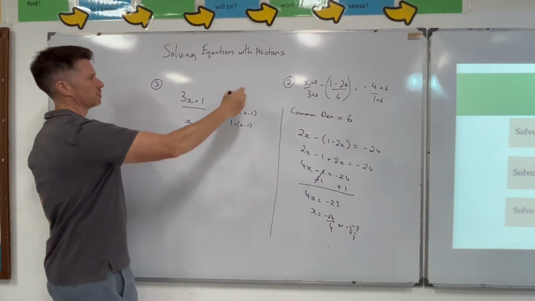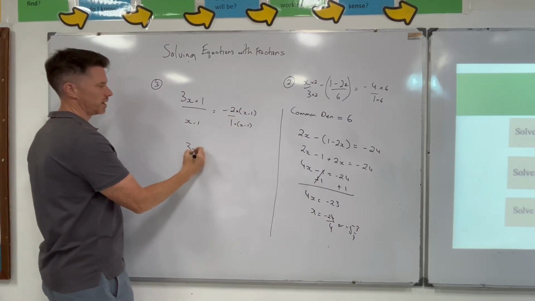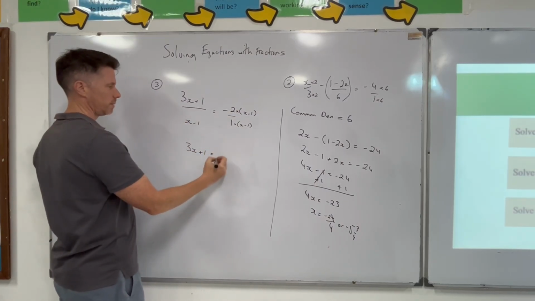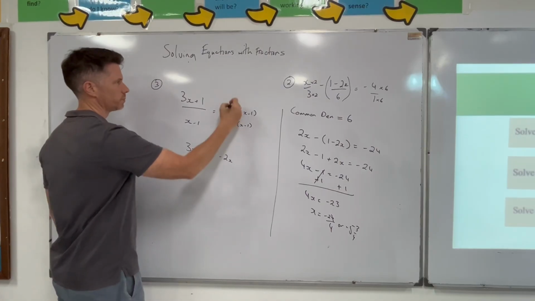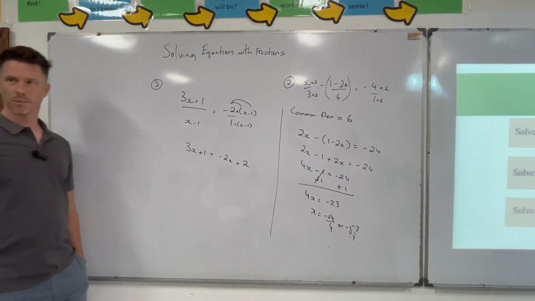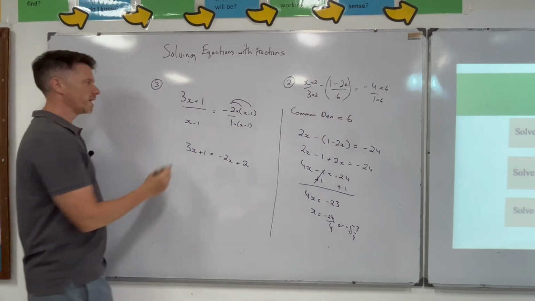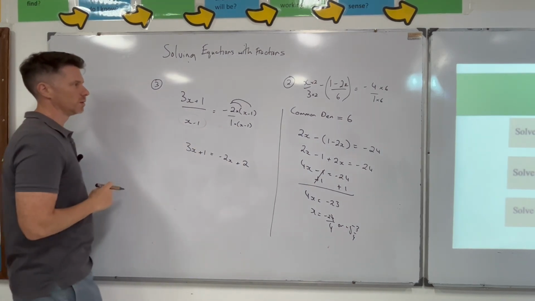So this you can think about as cross multiplying, multiplying up here. 3x plus 1 then equals minus 2x. So I'm multiplying this minus 2 in plus 2. And I'm not going to write the denominators because I know they're the same. So whatever this is will be my denominator.